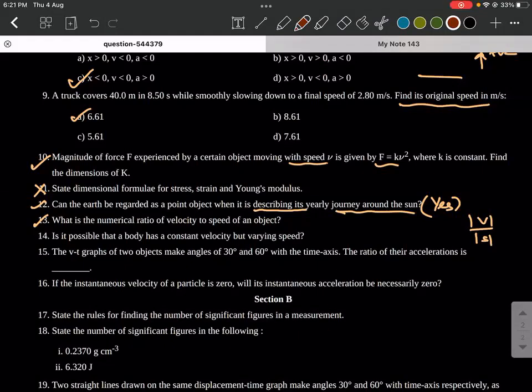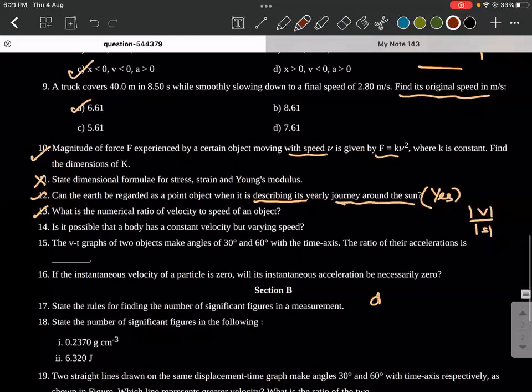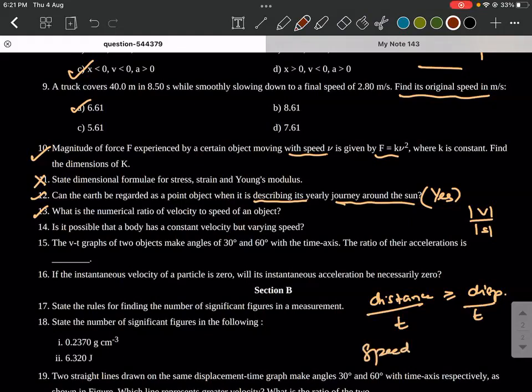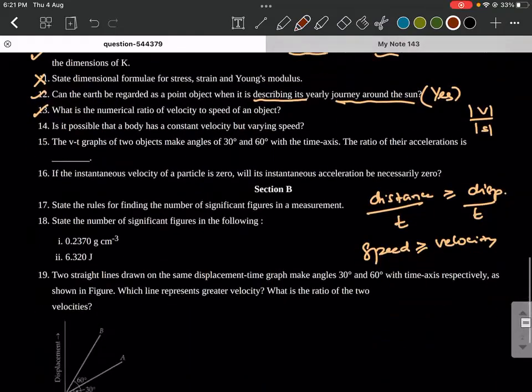One point to be noted here is that distance is always greater than or equal to displacement. If I divide by time on both sides, I can say speed is always greater than or equal to velocity. If I divide by speed on both sides, one is greater than or equal to velocity by speed.